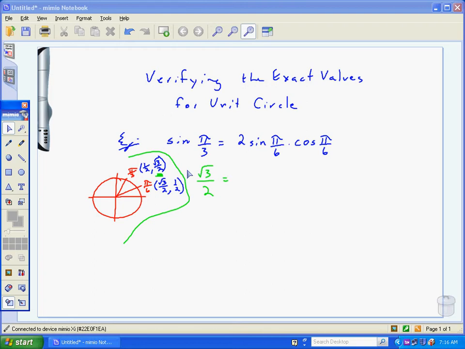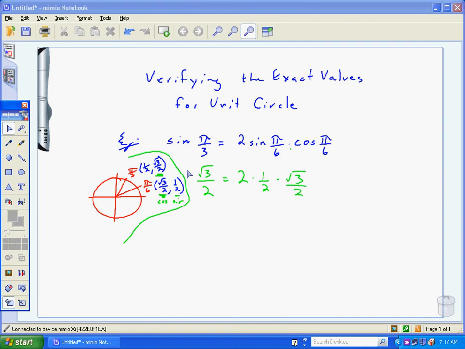Okay, so now 2 is fine, but the sine at pi over 6, we got a half, so times by a half, and then we got times cos of pi over 6. The cos at pi over 6, right there, is root 3 over 2.